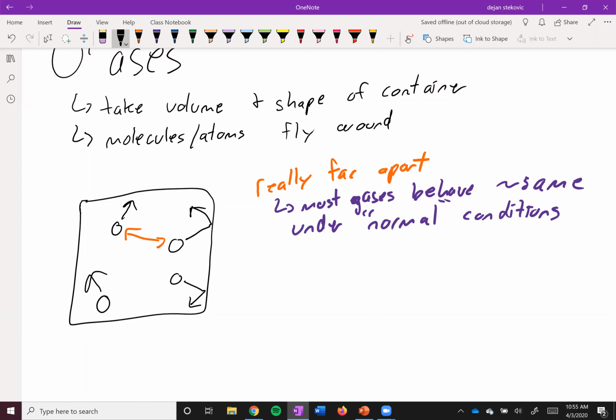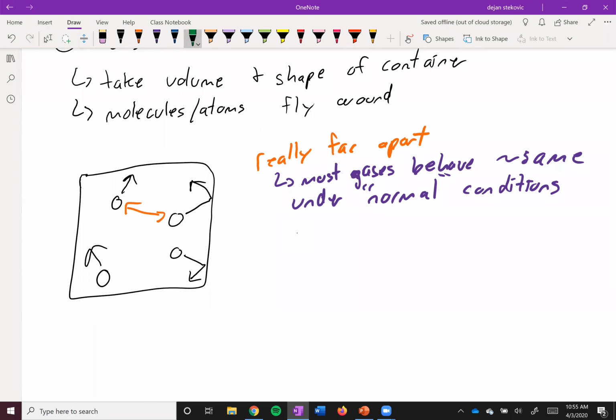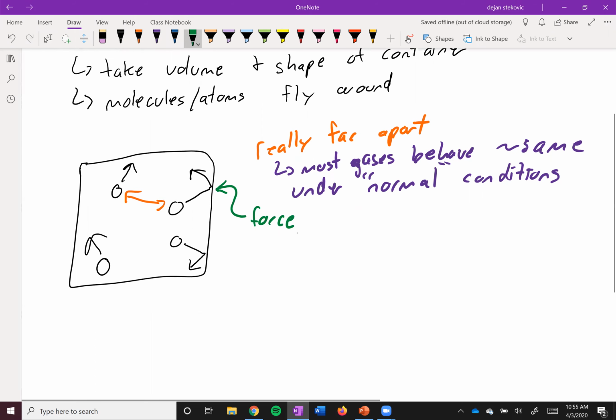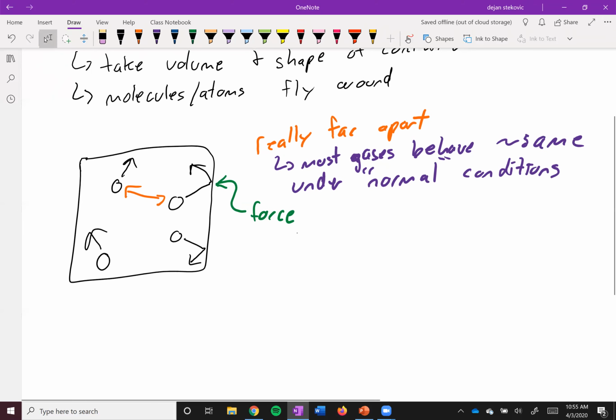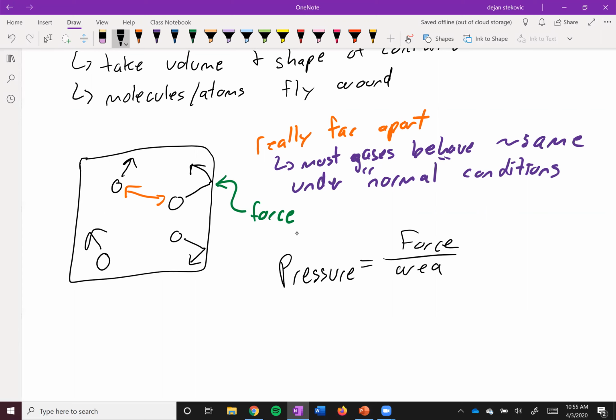Cool. So as we can see in this little picture, every now and then they're going to collide with the wall, and when they collide with the wall, they exert a force. If you try to hit something, you exert a force on it. Same thing with these gas molecules. And so gases exert pressure, because pressure is defined as force over an area.